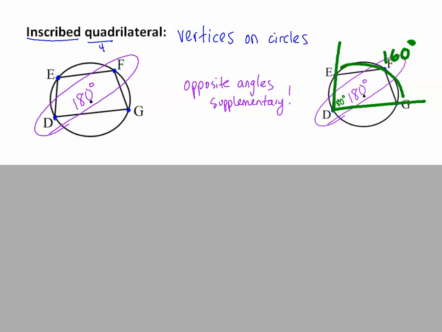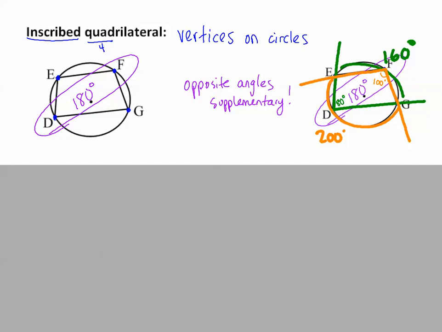Well, if I trace the sides of the angle that's opposite from it, angle F, notice that that's touching at the same point, but that's the rest of the circle. The rest of the circle has to be 200 degrees because 200 plus 160 makes 360. So how much is that inscribed angle? Exactly half of 200, which is 100 degrees, and 80 plus 100 make 180.